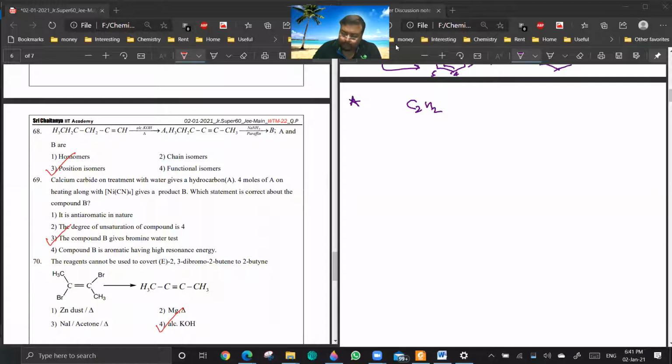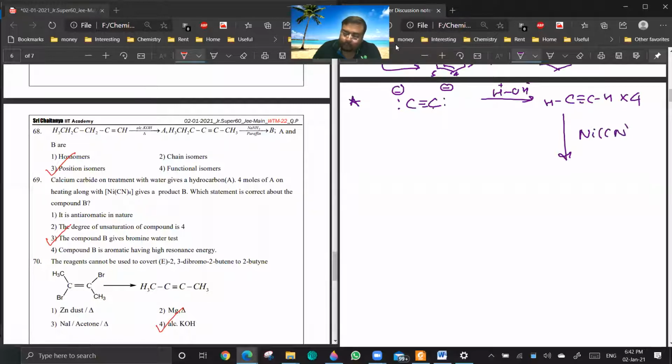I think the reaction will be something like C triple bond C minus minus HOH. We'll be getting C triple bond C H and H. Now you are treating 4 moles of this with Ni(CN)4. I have told you that this will lead to polymerization, and you will be getting what?